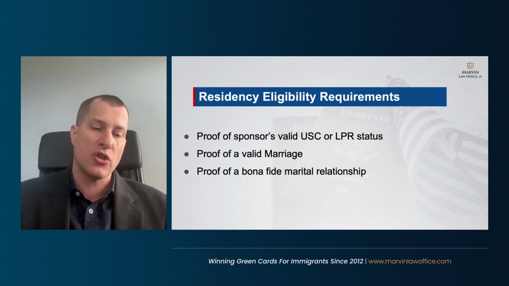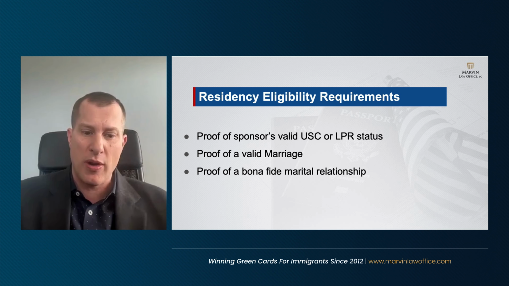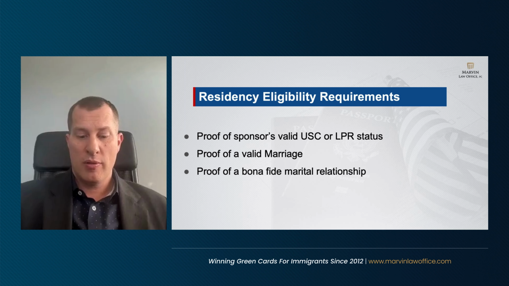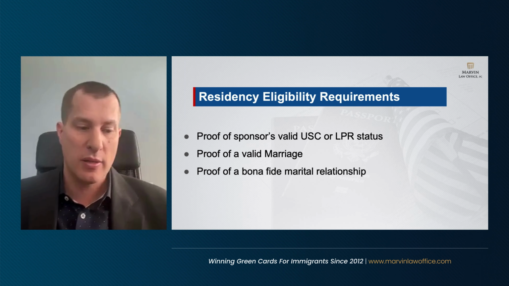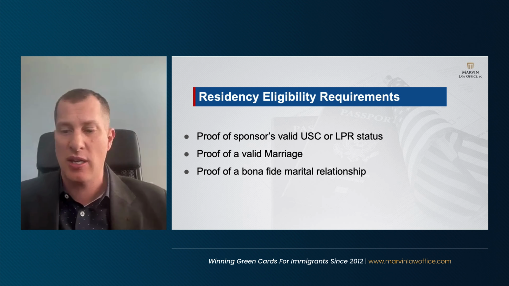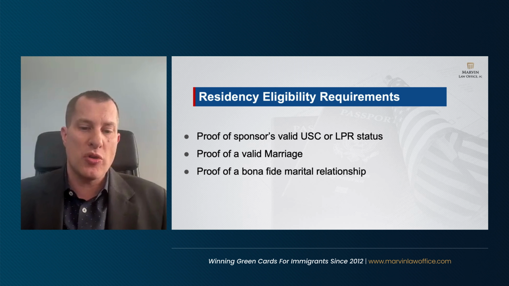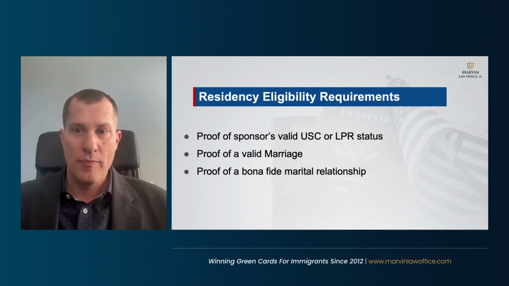There's a lot of ways to show that it's bona fide. The history of the relationship, kids, different shared things in common. I mean, if that's vacations, if that's living overseas, whatever it is, if you can convince the government that your relationship is real, you've got to do that.